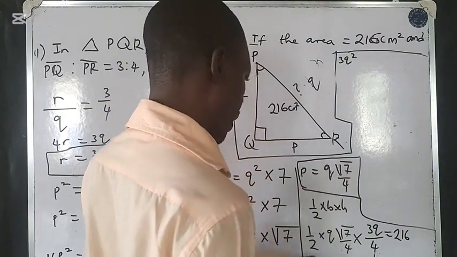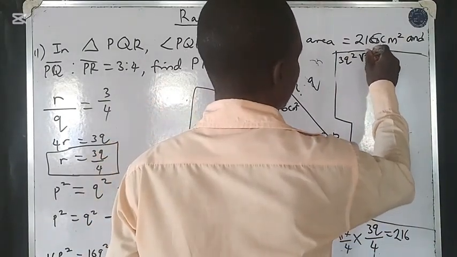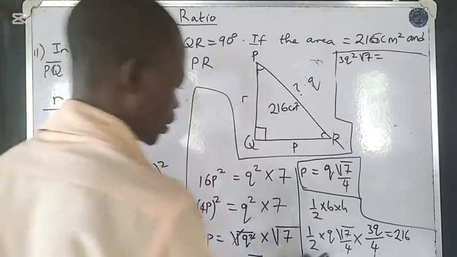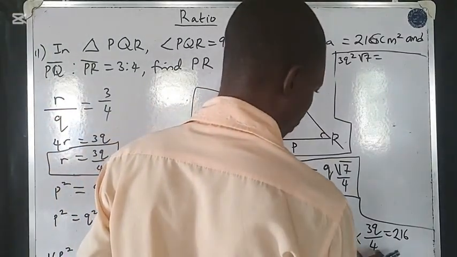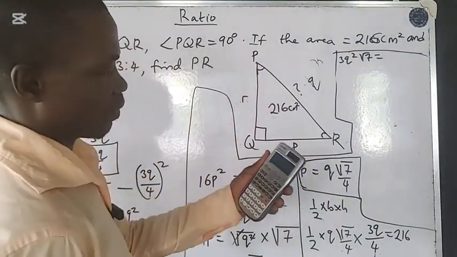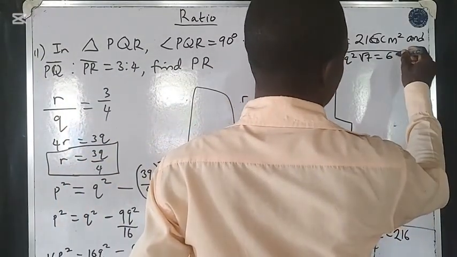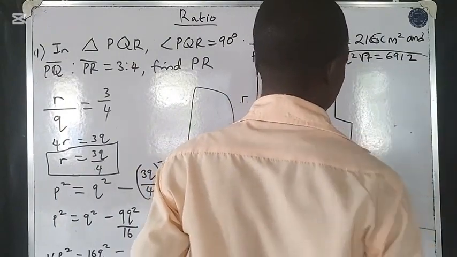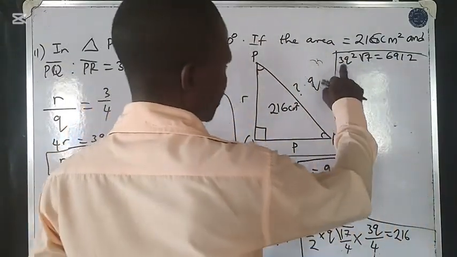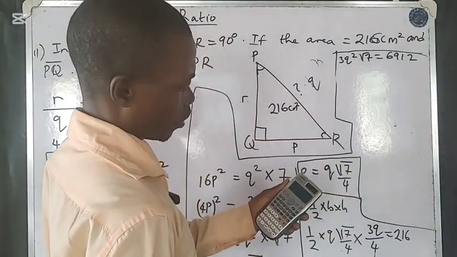Then we have root 7 here. If we multiply 2, 4, 4, 216 by cross multiplying, we're going to have 6912.